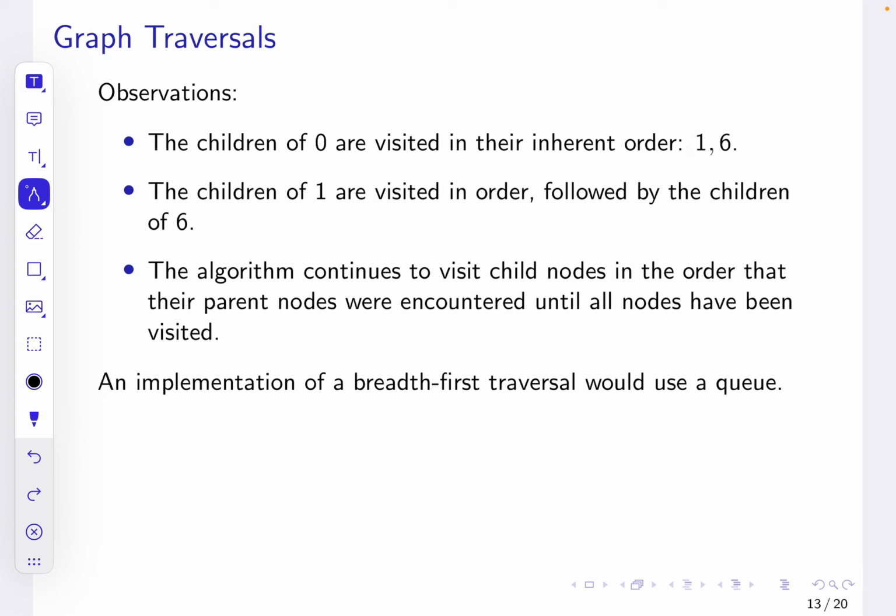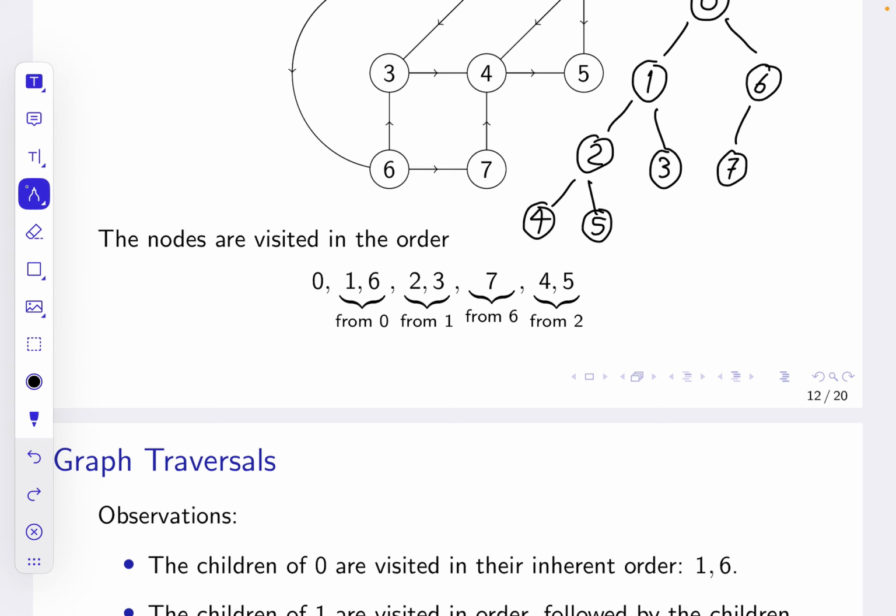And that just keeps going and going. The algorithm continues to visit child nodes in the order that their parent nodes were encountered until all nodes have been visited. And then that last bit, there's the bombshell. An implementation of a breadth first traversal would use a queue.